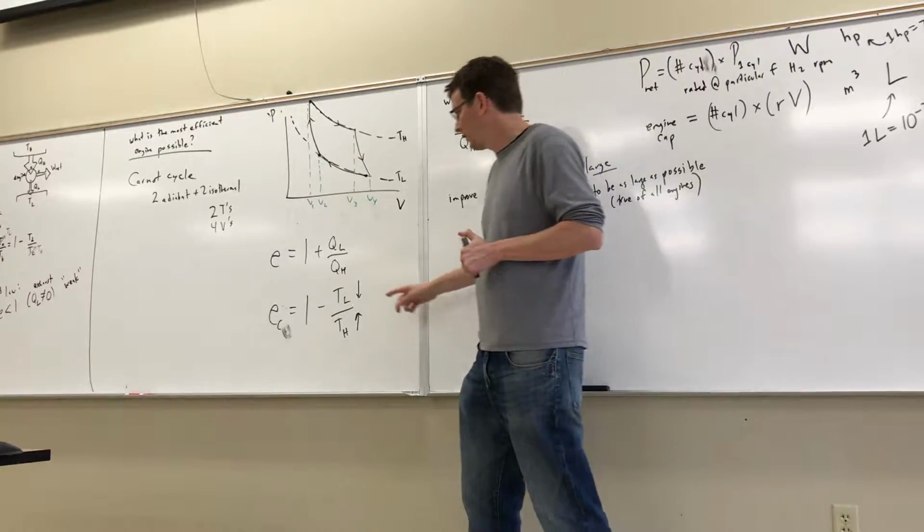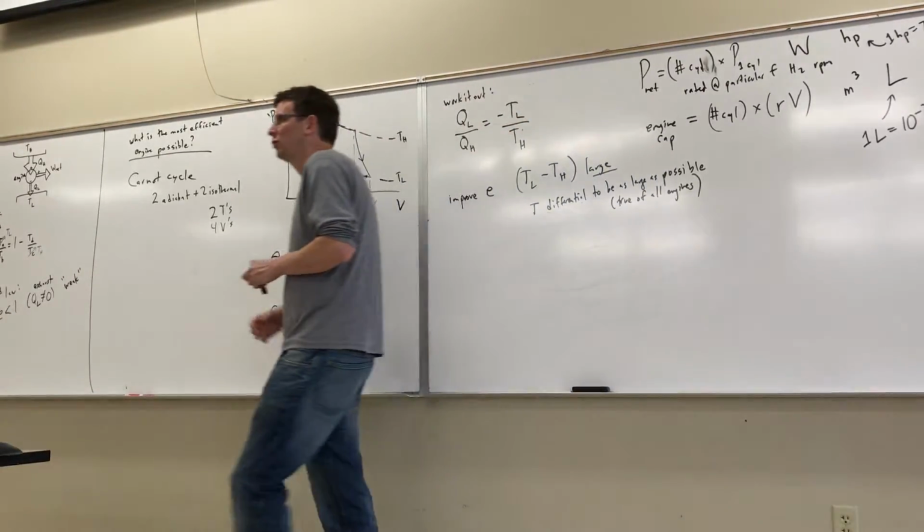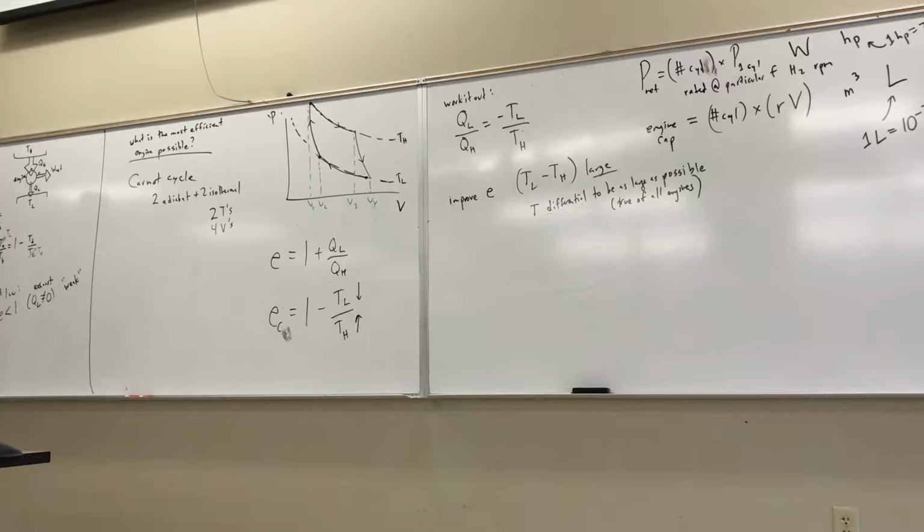Now, let's compare this expression to these two weird expressions that I gave you at the beginning. You may be wondering, I gave you 3 different expressions for the efficiency and then really only used the first one in my discussion. Well, the other 2 forms were specifically designed to make it easy to compare to the Carnot cycle, okay? Notice that I did have T low in one of them, and I did have T high in one of them, but I never got the best of both worlds.